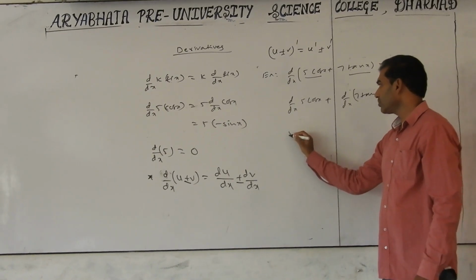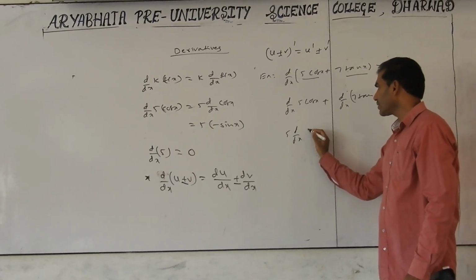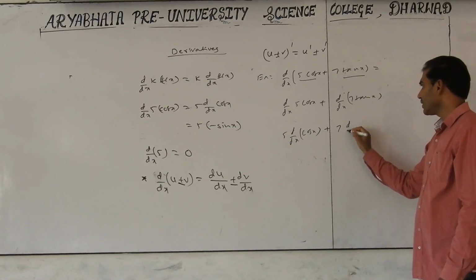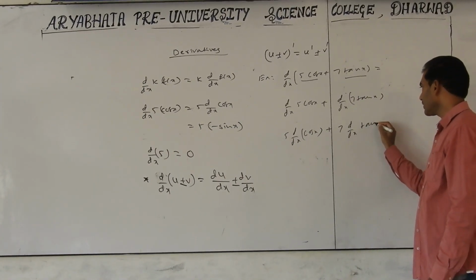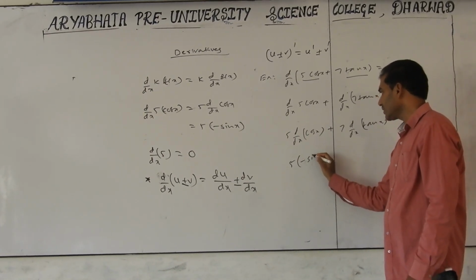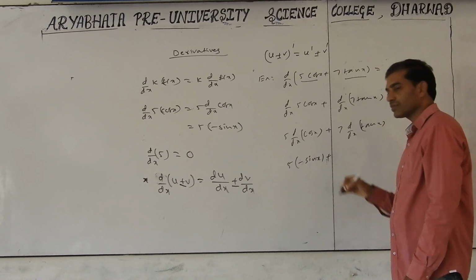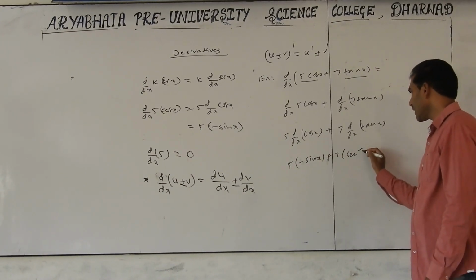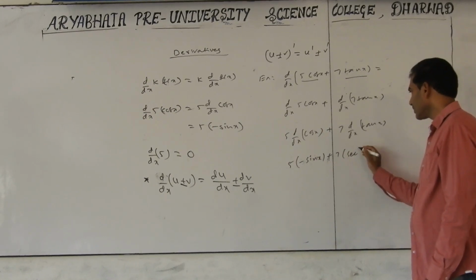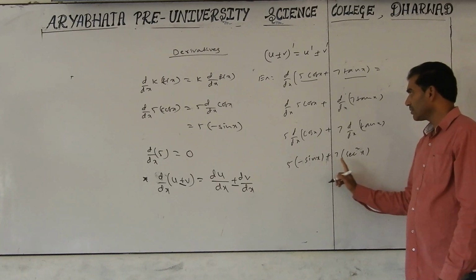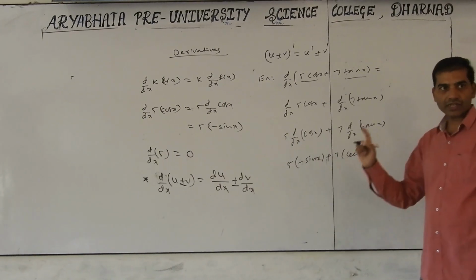So 5 taken out d by dx of cos x plus 7 taken out d by dx of tan x. 5 into the derivative of cos x, which is minus sin x, plus 7 into the derivative of tan x, which is secant square x. This is the answer: minus 5 sin x plus 7 secant square x.